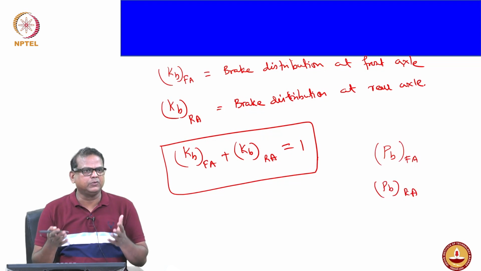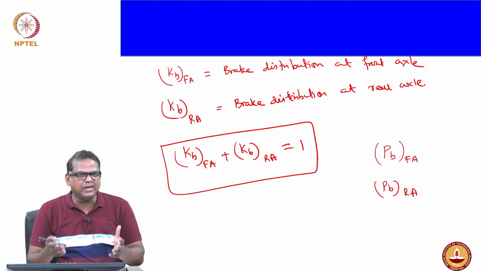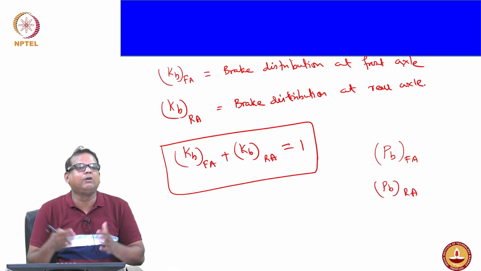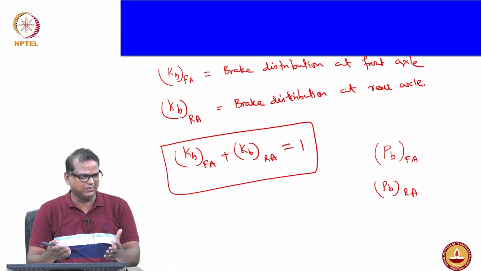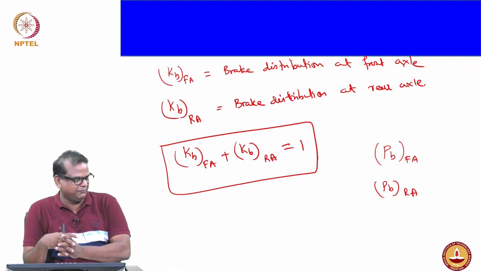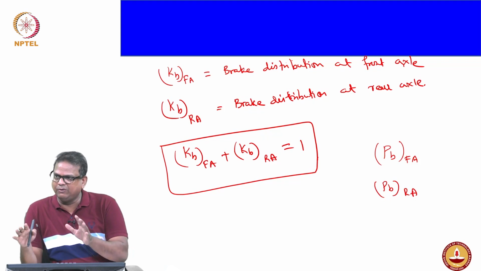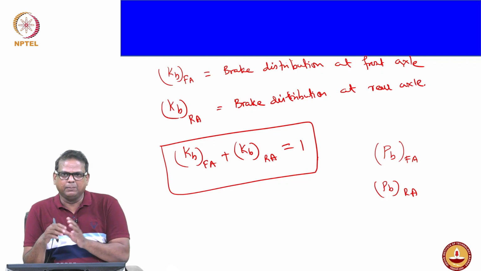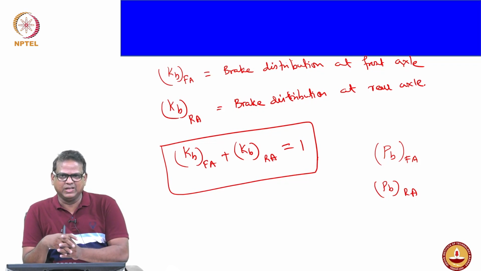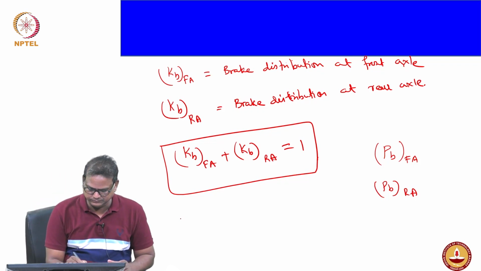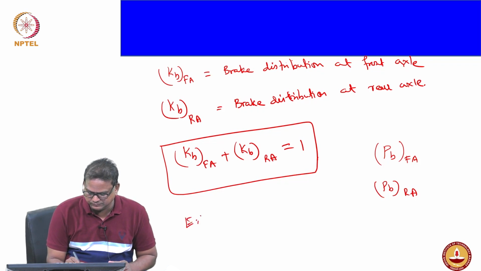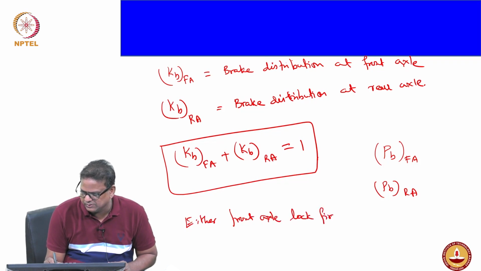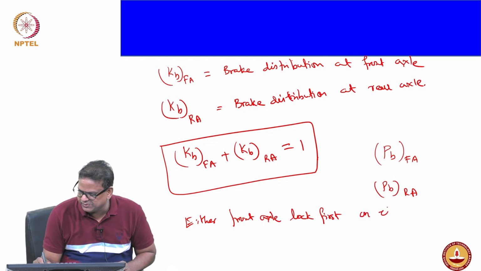The brake forces should be developed at the same time in all 4 wheels, but generally it won't happen. Either the front axle locks first, or else the rear axle locks first.